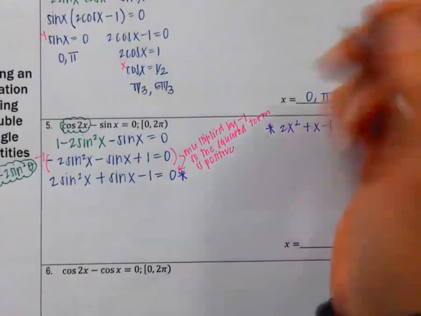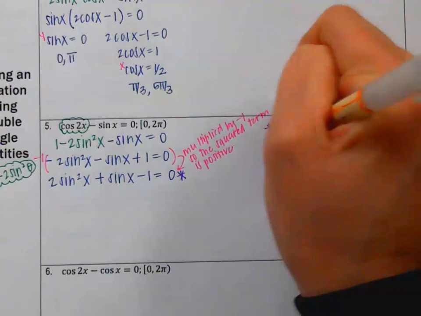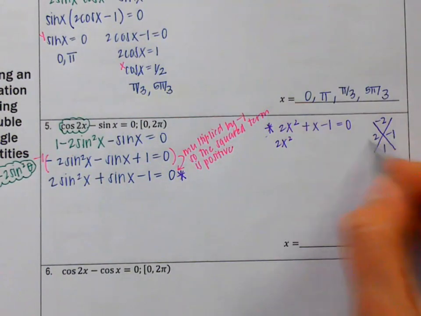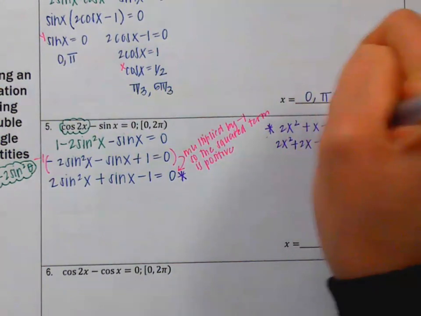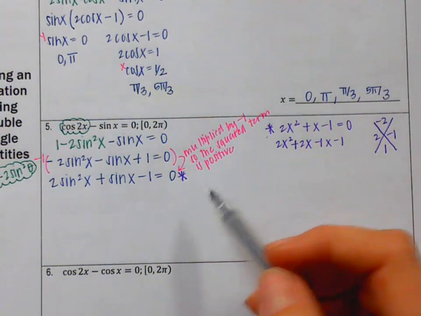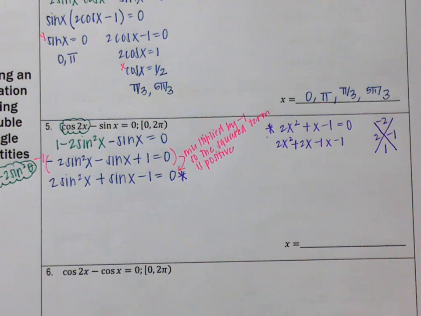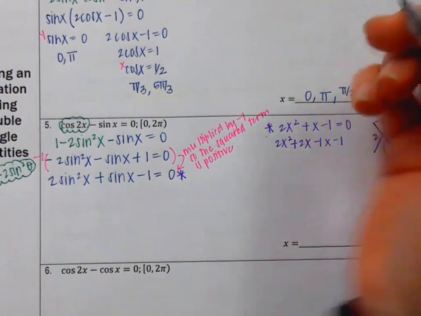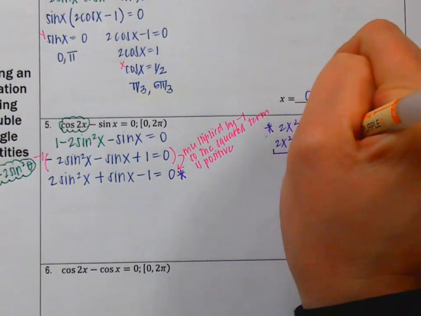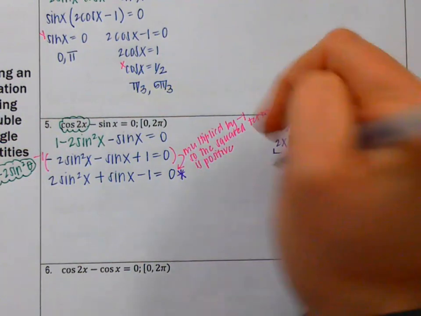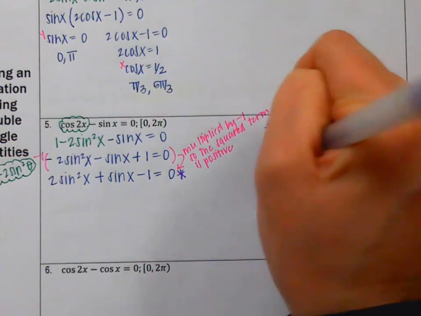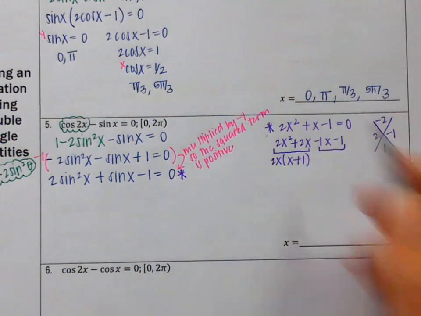So again, I have to split the middle term. So that would be 2x squared, my middle term is split between these, so plus 2x minus 1x minus 1. Remember, it doesn't matter which order you put those in. It's irrelevant. And then I can factor by grouping. So from 2x squared plus 2x, I can factor out a 2x, and I'm left with x plus 1.